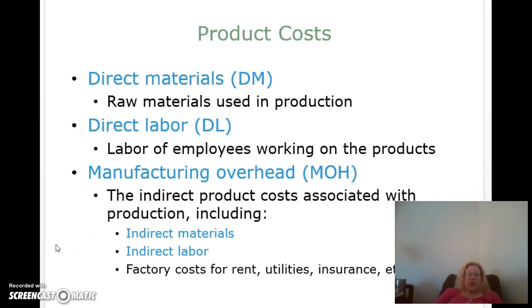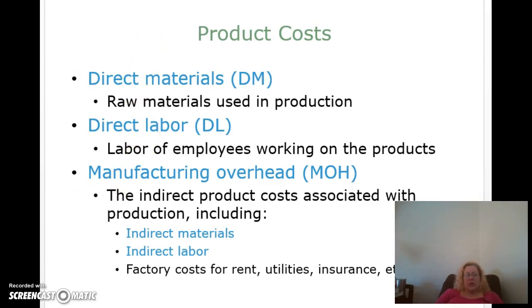Manufacturing overhead refers to indirect manufacturing costs that cannot be easily traced to a specific product. Manufacturing overhead includes all manufacturing costs other than direct materials and direct labor. So in other words, it includes all of the supporting production activities. Manufacturing overhead is also sometimes called factory overhead and indirect manufacturing cost.